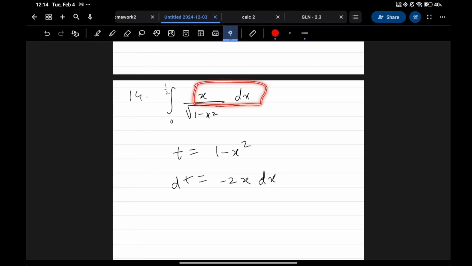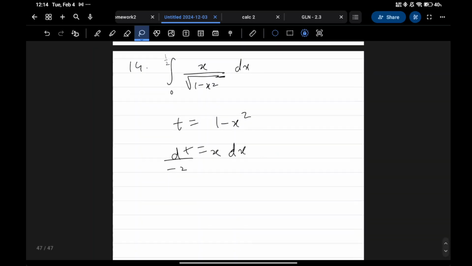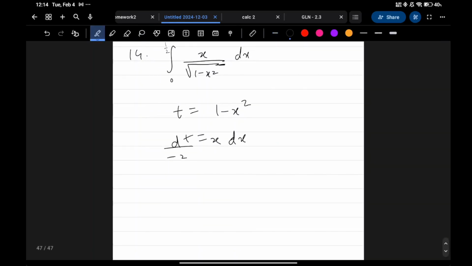We have an x dx up here, we have negative 2x dx over there. So let's divide by negative 2 on both sides. Now I have exactly what I need to replace it with. So the x dx gets replaced by dt over negative 2, and the root under gets changed to root of t.